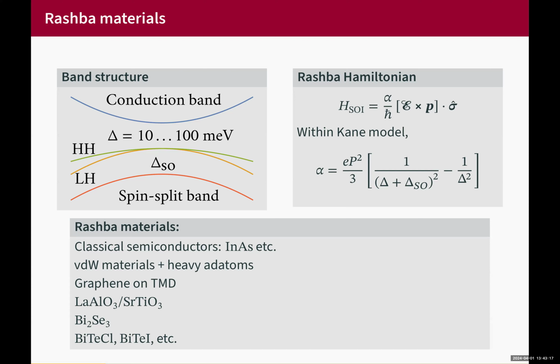That is spin split by the relativistic interaction. And this 8-band model can be solved exactly, much similar to the Dirac model.